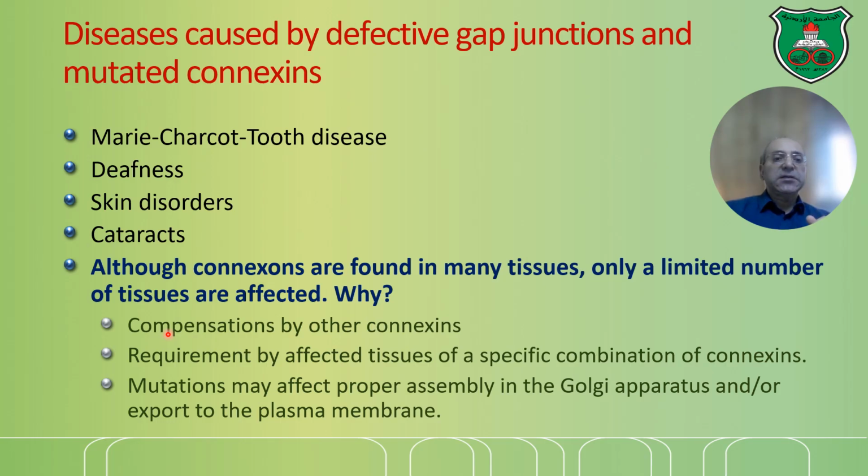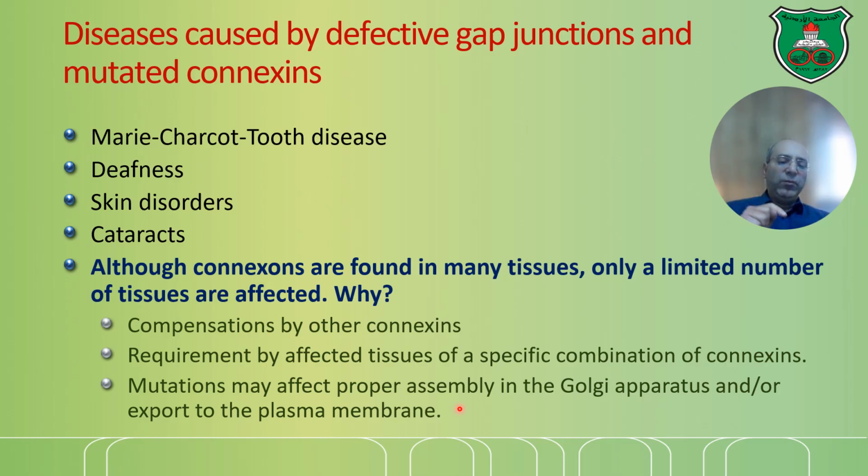Something else is that the affected tissue requires this particular connexin, but the other tissue may not require that connexin. It doesn't play a major role. It doesn't have a strong functional purpose in that tissue. It can also be that mutations affect the proper assembly of connexins in the Golgi apparatus. So it depends on the mutation as well.